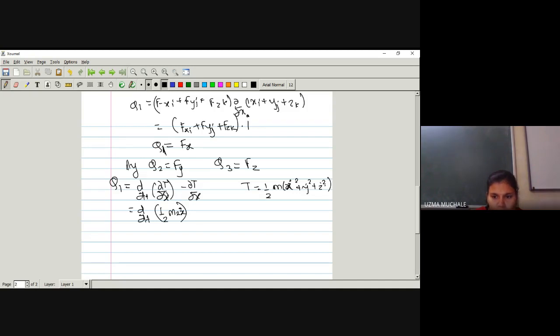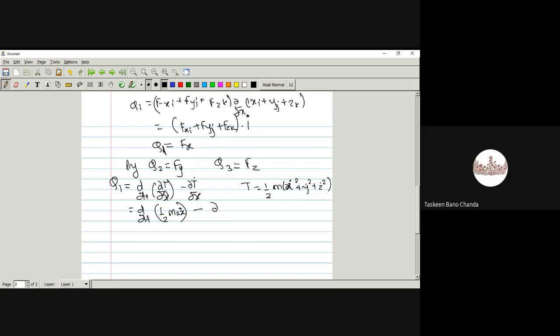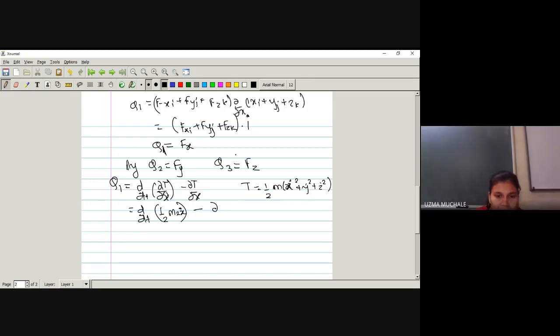So this term will be 0 again, minus dou T by dou x. Do you see any term of x in T? No. So what is the derivative? It will be 0.